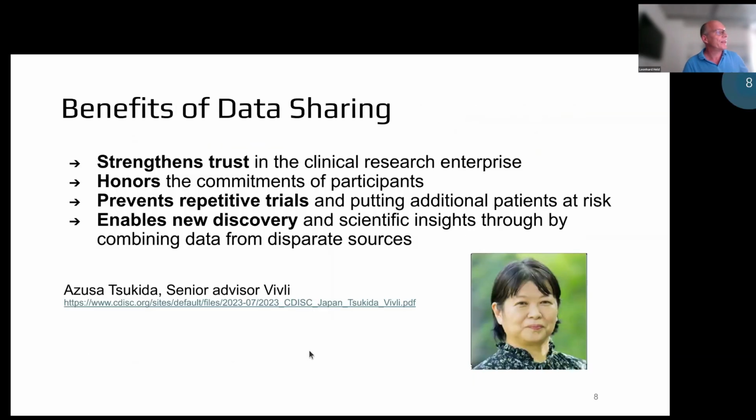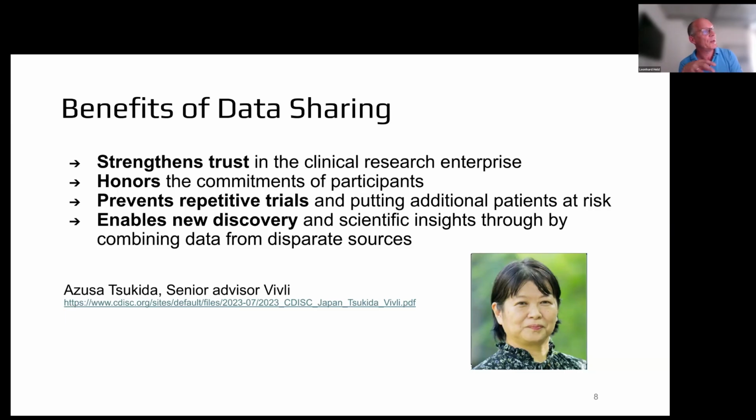And this is a senior advisor from Vivli, from one of these platforms, and I found her slides on the internet. And just to reiterate, what are actually the benefits of data sharing? Well, this would strengthen trust in the clinical research enterprise. It would honor the commitment of participants. It prevents repetitive trials and putting additional patients at risk because we can reuse existing data.